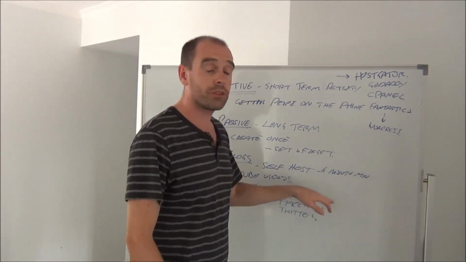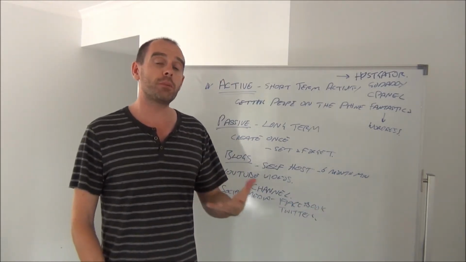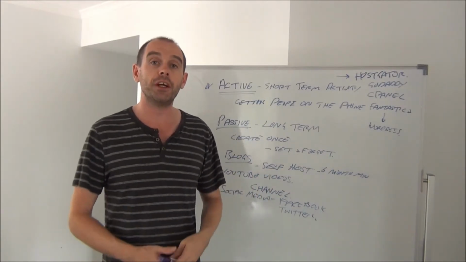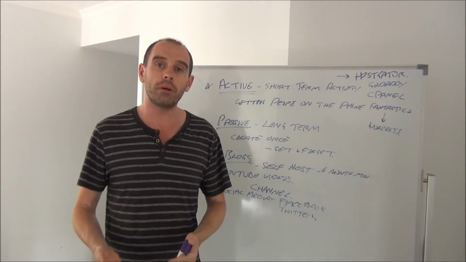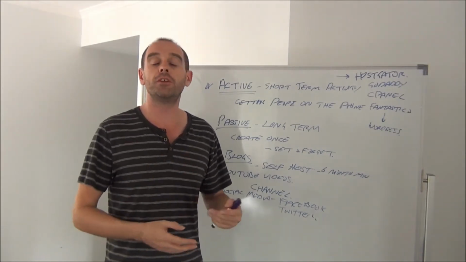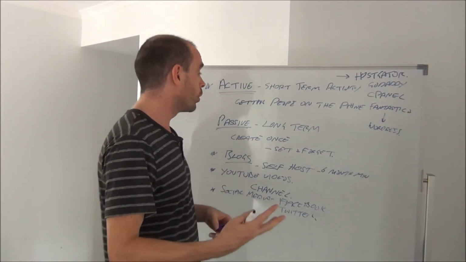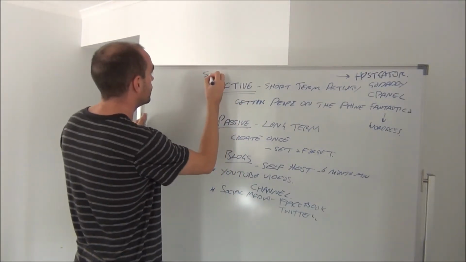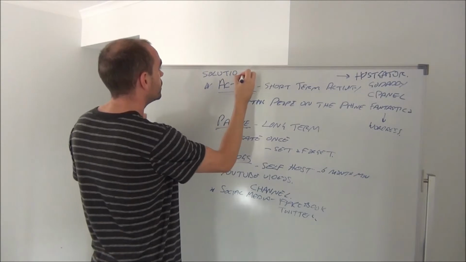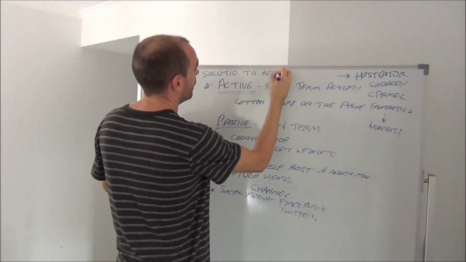So again, it's a long-term strategy. But again, as you build your presence online, you have a page, you're posting content to that page that is going to help other people. You're offering a solution to other people's pain. I keep talking about this, but it really is important. A solution to a problem.